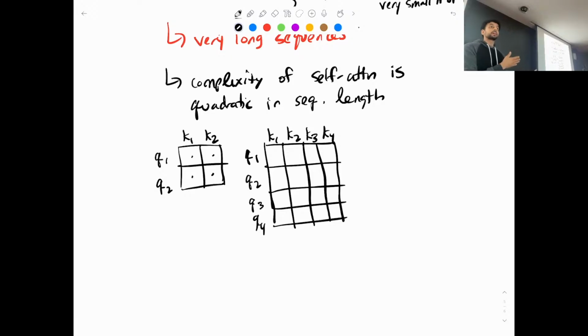So quickly, as the sequence length grows bigger and bigger, I have to compute many more dot products, and that begins to limit, first of all, it takes much longer, right? And then secondly, you run up on hardware limitations, like how many of these computations can you actually do in your GPU memory and things like that.